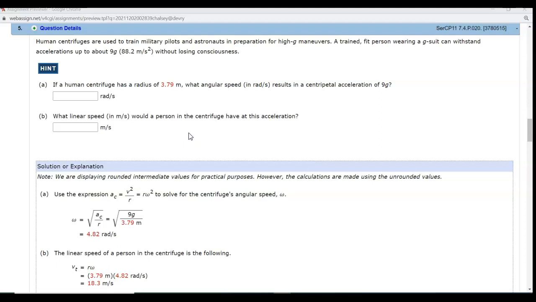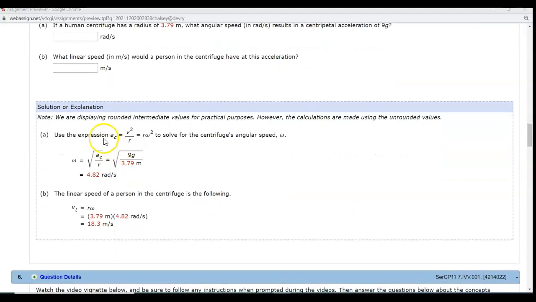All right, so to find that, we have our acceleration, the velocity divided by the radius, which is the formula we've been using, the radius times the angular velocity squared. Okay, so to solve for the angular velocity, we take the square root, and this is just like the last problem.